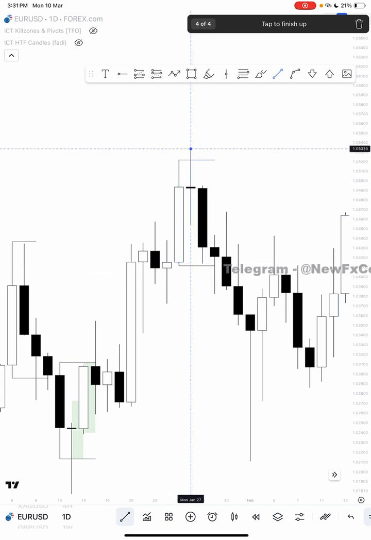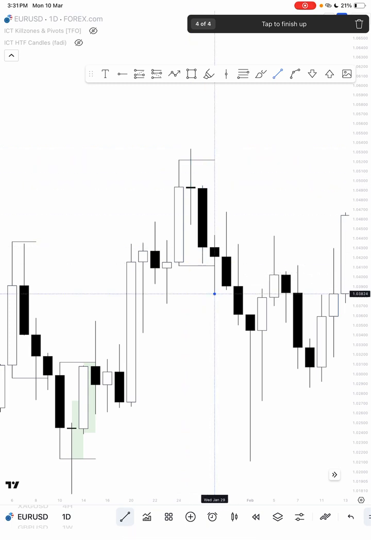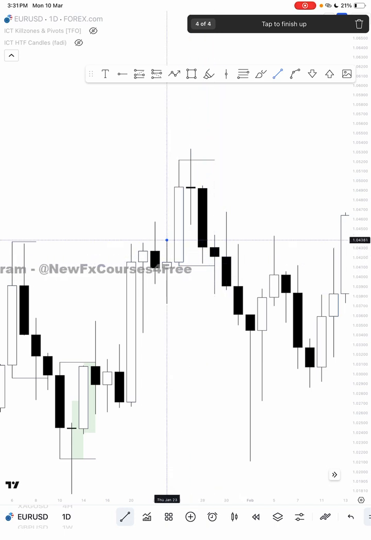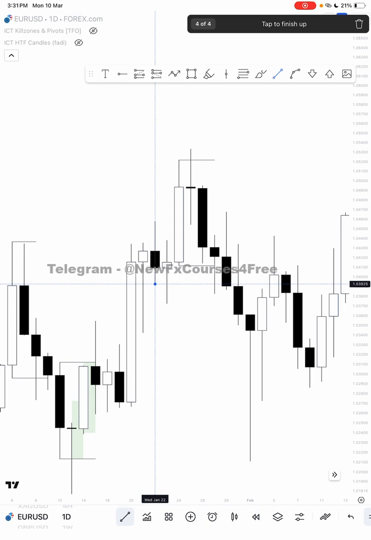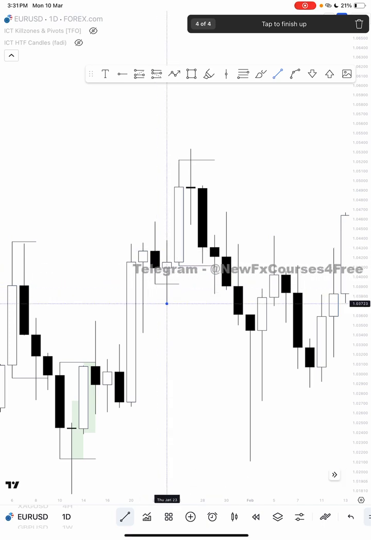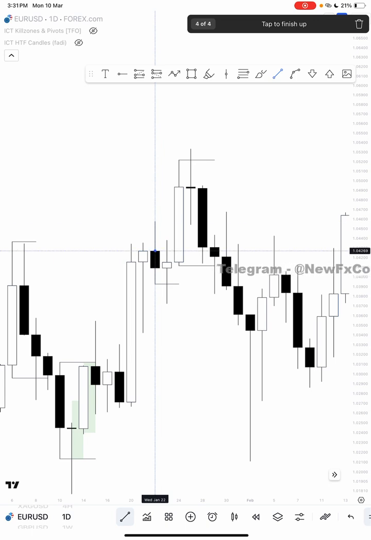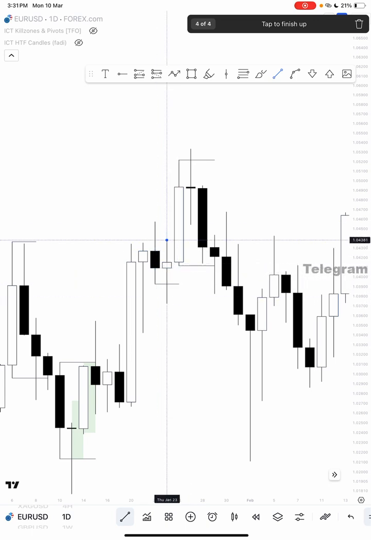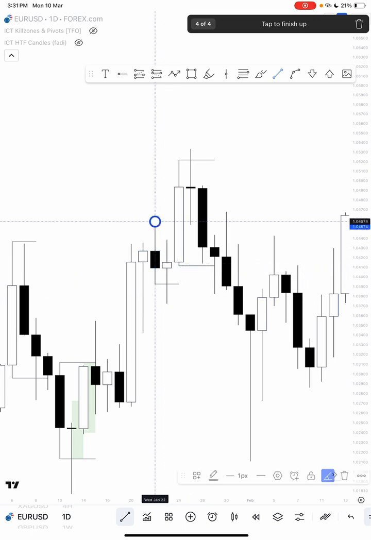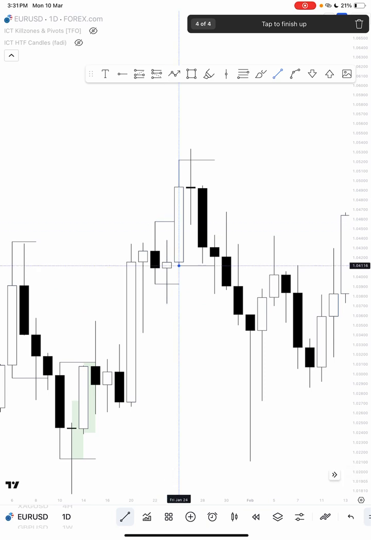Monday swept Friday's high. Tuesday expands towards Friday's low. And you also got another candle range here. Sweeping this low, closing back into the range. Target the opposite side of the range.